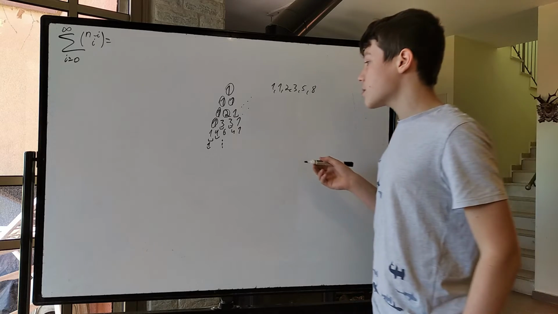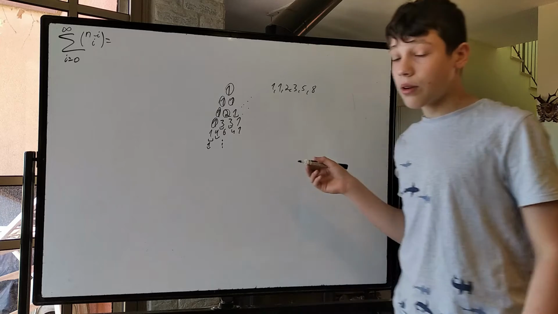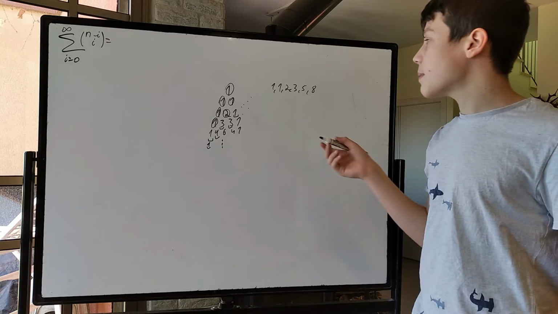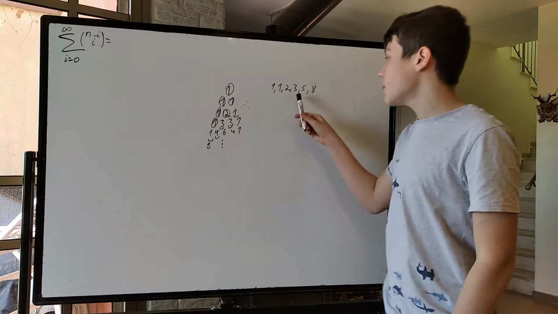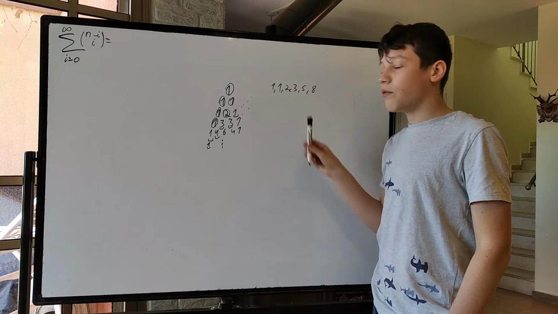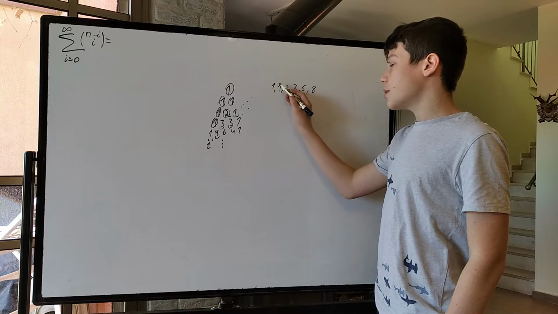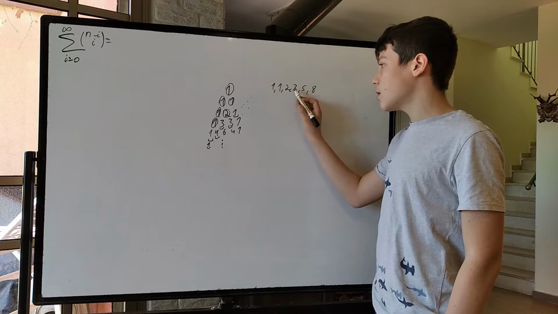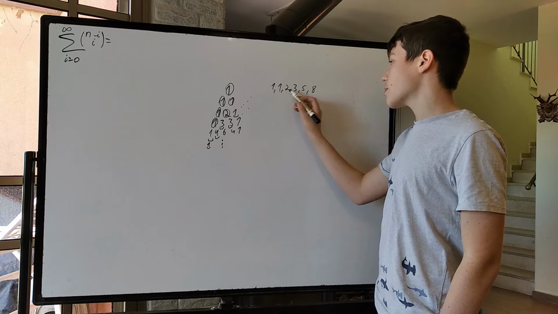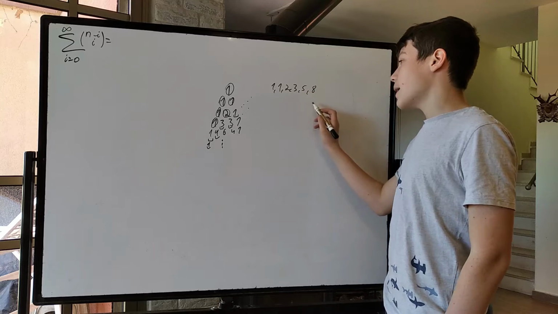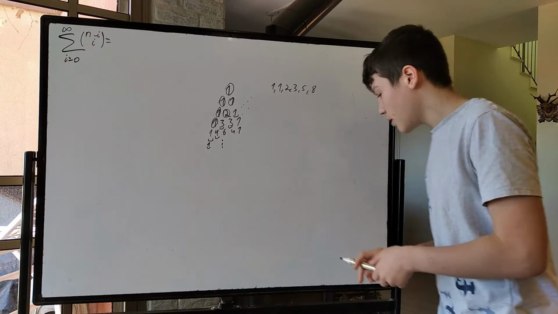where the Fibonacci numbers are defined recursively, very similarly to Pascal's triangle, where each number is the sum of the two previous numbers. The two initial values are 1. 2 is 1 plus 1, 3 is 1 plus 2, 5 is 2 plus 3, 8 is 3 plus 5, and so on.